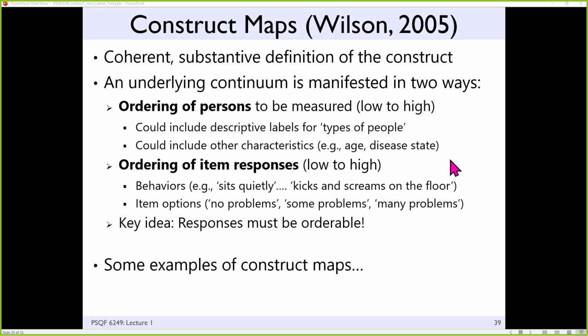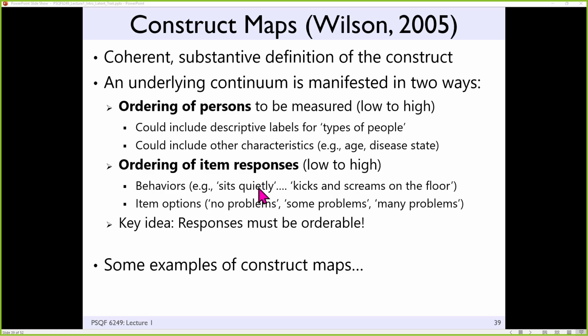Now that is not a great idea if the thing that they're answering about is not truly binary. So for instance, like, is your child able to sit quietly? I don't know what I would answer if the only choices were yes or no. Sometimes he can. It depends would be my answer. Like, how much of the time can he sit quietly might be a different way to answer the question that's more informative.